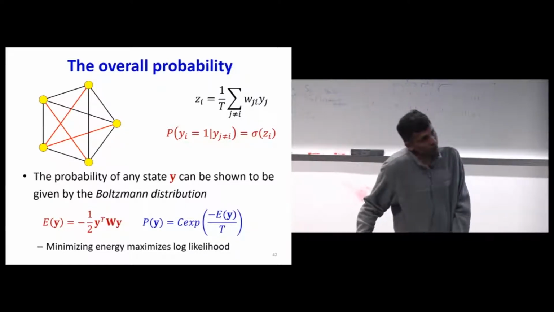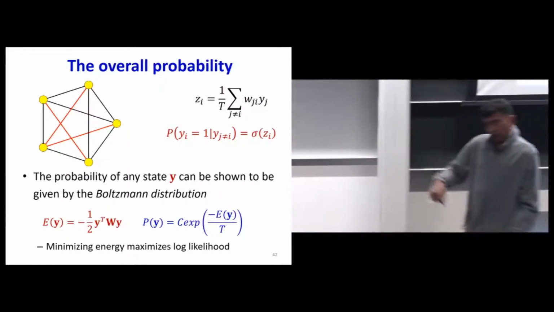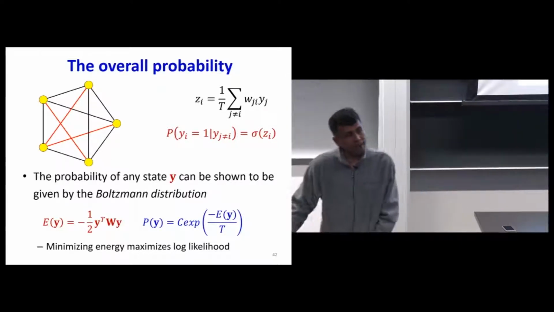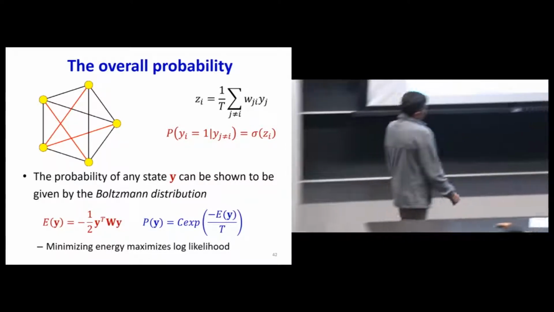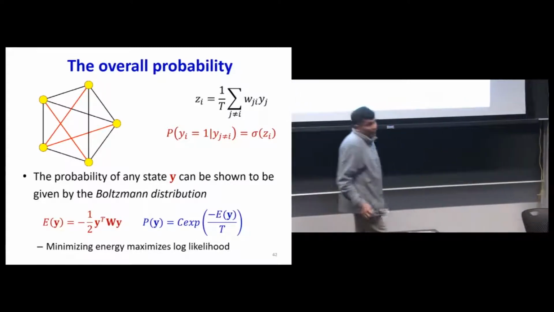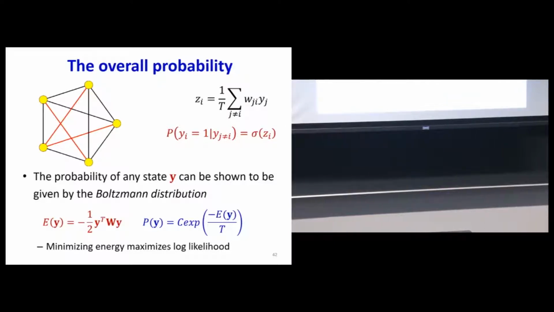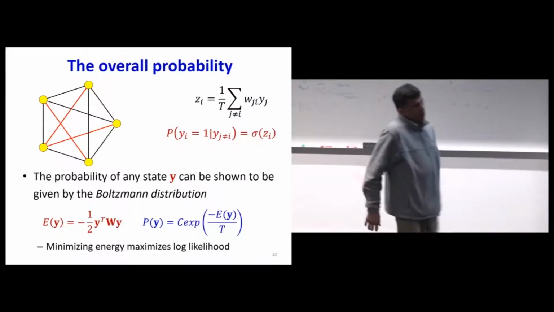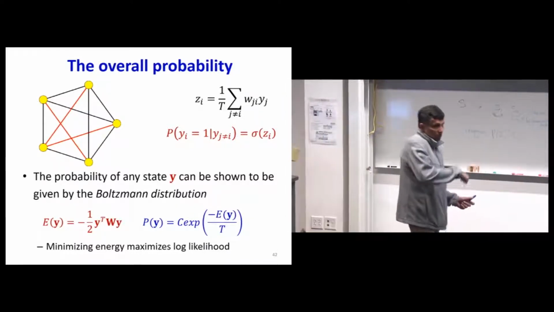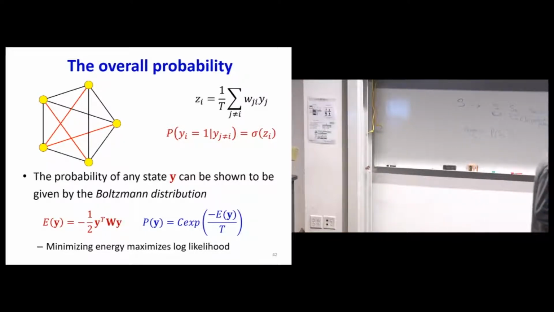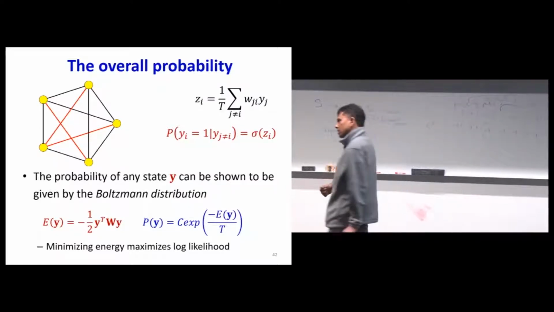You can close the loop by going forward and saying that each of these neurons has a logistic probability. And then if you compute the joint probability of all the neurons, you're going to go right back and you will end up with the Boltzmann distribution. And in the Boltzmann distribution, you have E of y divided by T, which is much closer to the original thermodynamic definition than when we first set the T to 1, right? So for any given value of T, you can show that the probability distribution for the entire bit sequence is the classic Boltzmann distribution with the Boltzmann constant set to 1.